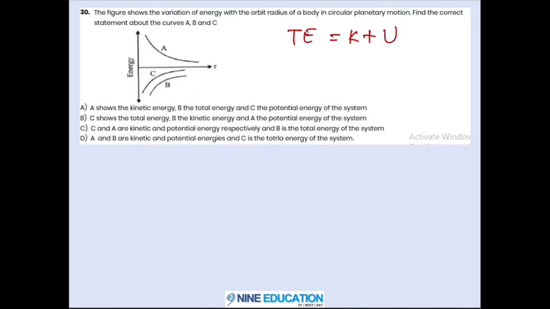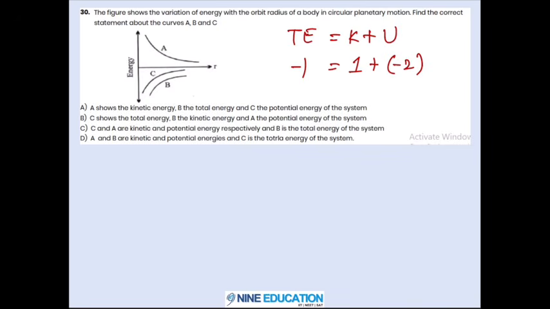If you take kinetic energy as 1 and potential energy as -2, then total energy would be -1. I'm just taking an example. So if you compare total energy and potential energy, potential energy is larger in magnitude. This is 2, whereas total energy is 1 in magnitude.